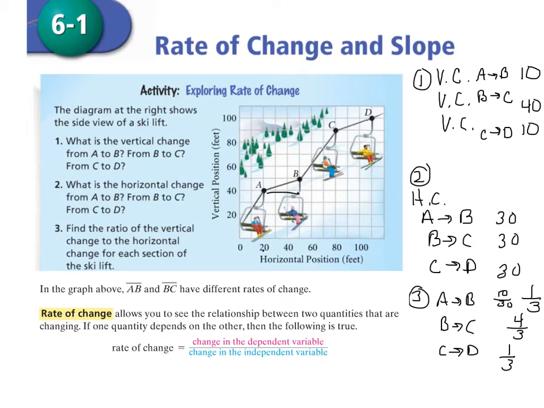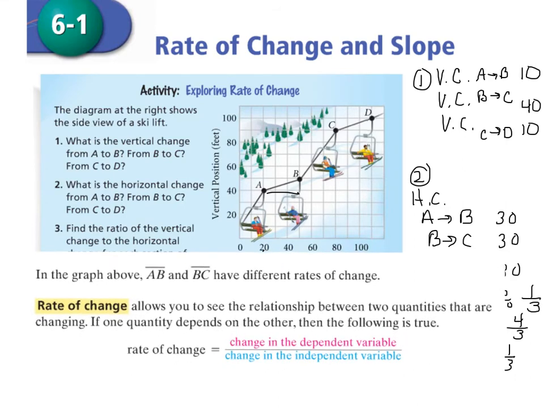Here's what you need to write down. Vocab word. A rate of change allows you to see the relationship between two quantities that are changing. If one quantity depends on the other, then the following is true. Your rate of change is the change in the dependent variable over the change in the independent variable.